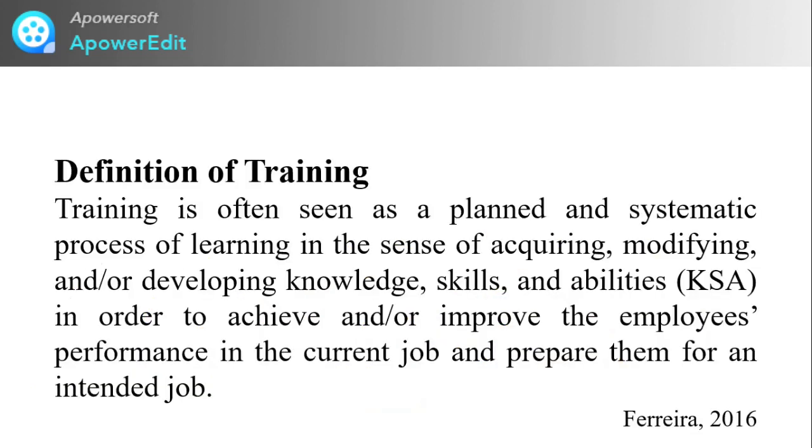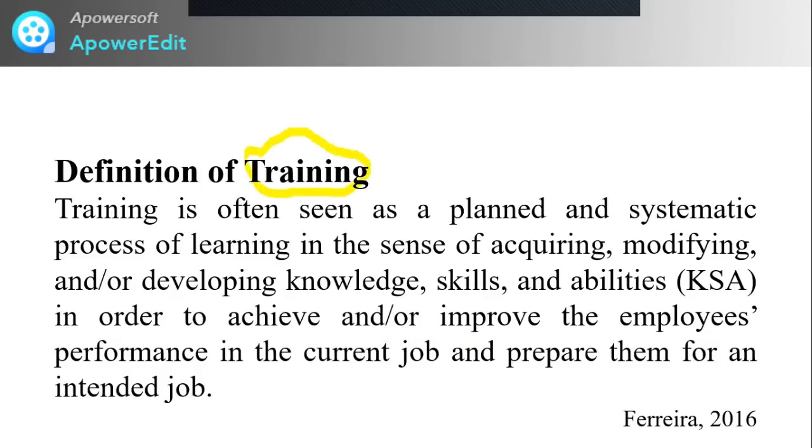First, we will look at the idea of training. Training is often seen as a planned and systematic process of learning. It is planned, systematic learning for the purpose of acquiring, modifying, and or developing.